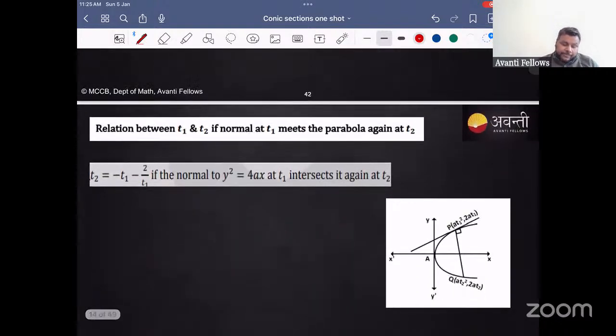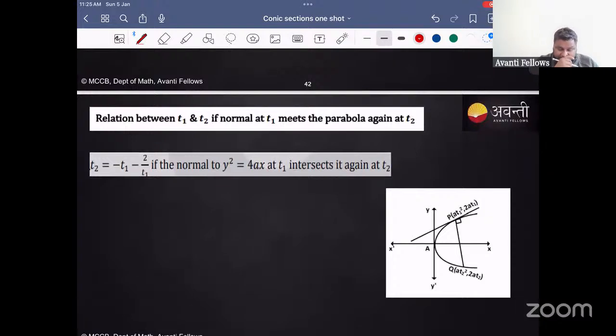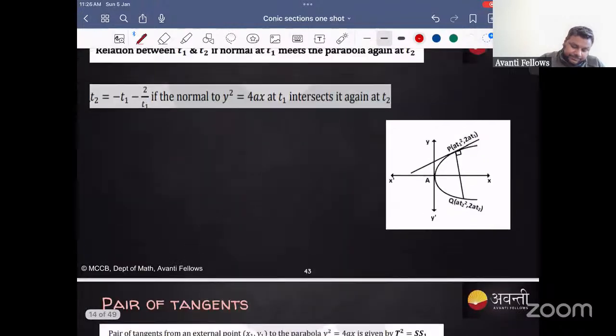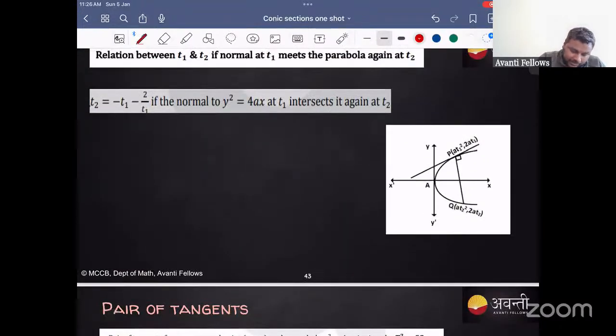Now, the relation between t1 and t2, if the normal at t1 meets the parabola again at t2. Now see, normal at t1 is t1x plus y equals 2at1 plus at1 cube.